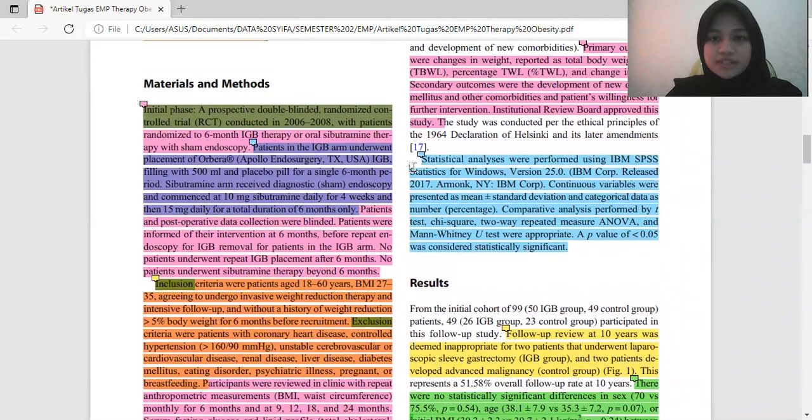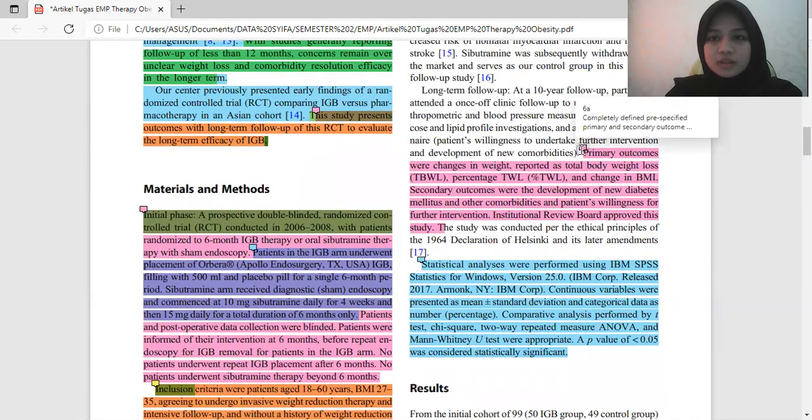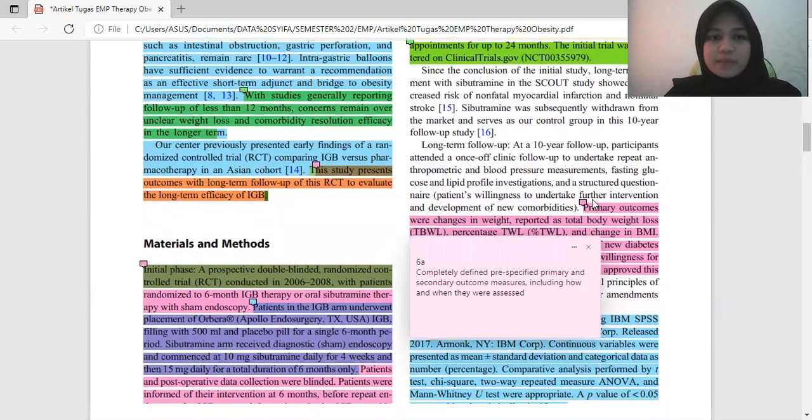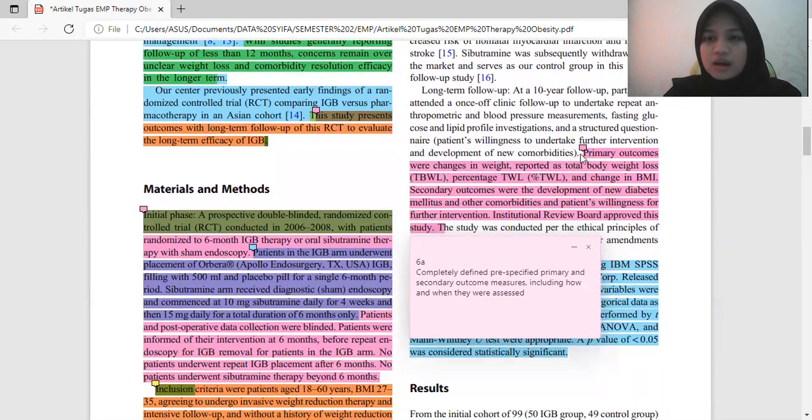Next is number 6A. The number 6A is completely defined pre-specified primary and secondary outcome measures, including how and when they were assessed. We can see in these materials and methods, for the number 6A, primary outcomes were changes in weight, reported as total body weight loss, TWL, and change in BMI.